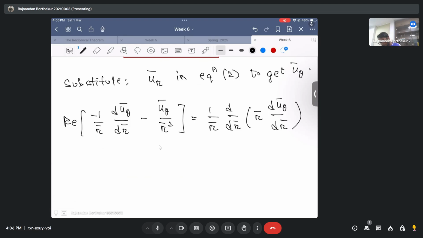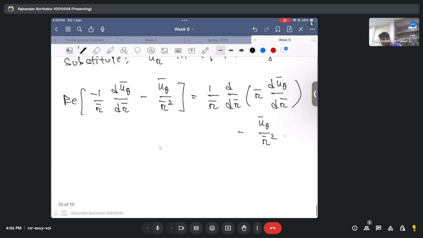And I have one more term, which is minus u theta bar by r bar squared. All right, so now this looks kind of solvable, because this is an ODE and the only unknown is u theta, but it's a nasty looking ODE. So we'll do some simplification and see what this ODE turns out to be.